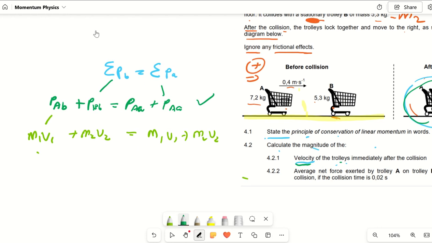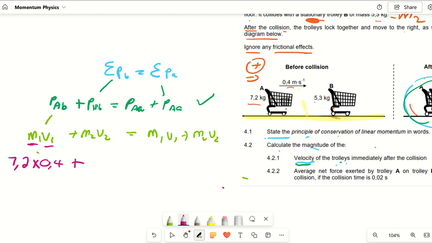Let's substitute. What is my v1? 0.4 meters per second.